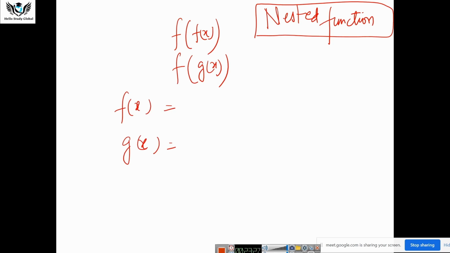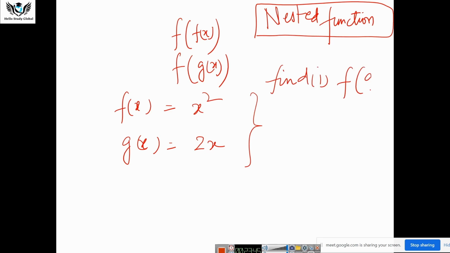Okay. Now let's say f(x) is a square function, okay, and g(x) is let's say a double function 2x, and we need to find out f of g(x). Now what would this be equal to? First we need to find out f of g(x).